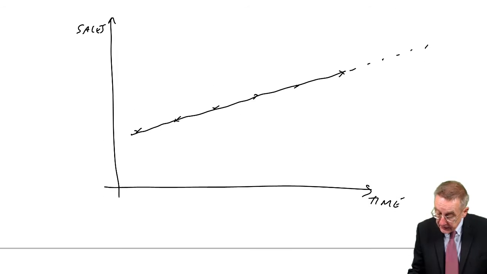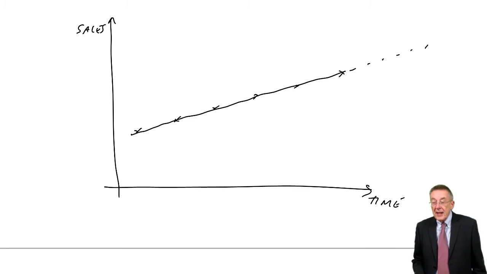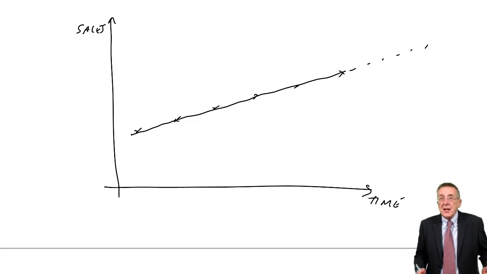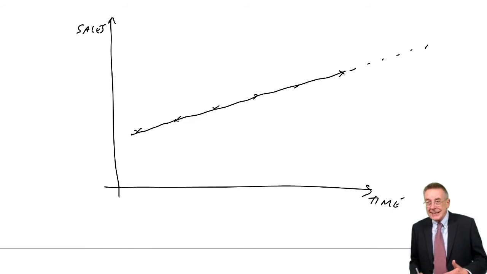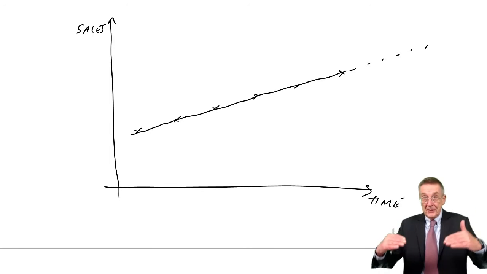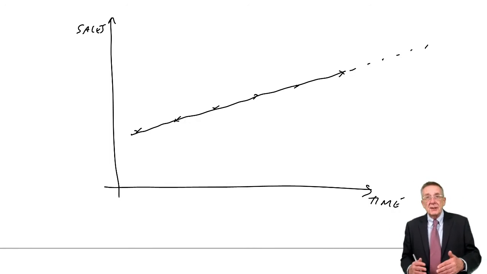If you look back at my first picture, I said that would be the ideal situation. But a lot of things are seasonal. For instance, if you're selling ice cream, you're likely to sell more in the summer and less in the winter, depending whether you're in the northern hemisphere or the southern hemisphere. Or again, umbrellas. It's seasonal.